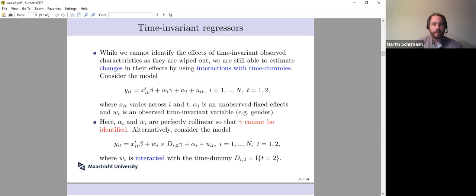Now, if you look at this model, it's pretty clear that alpha i and w i are perfectly collinear. So you cannot identify the gamma here because whatever the effect of gamma is, you could simply redefine alpha i, creating a new fixed effect, alpha i star, that captures the effect of w i.